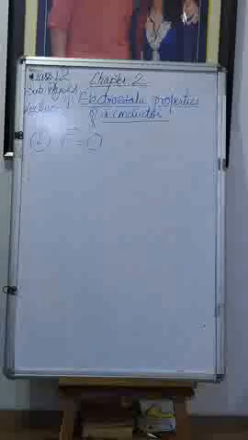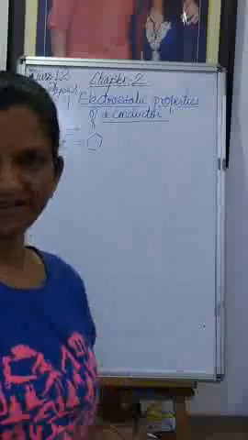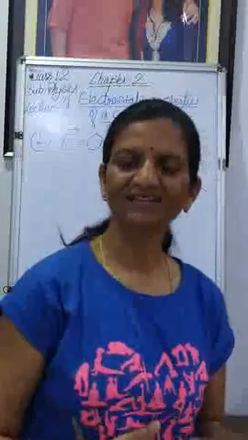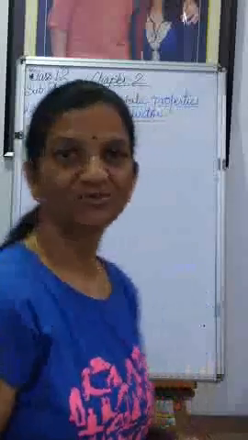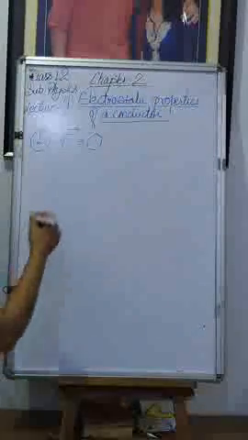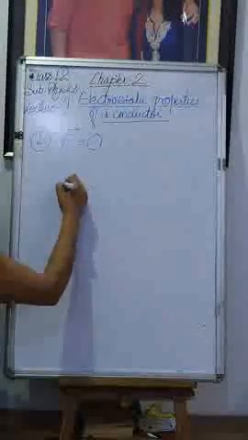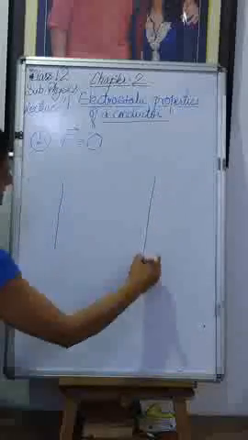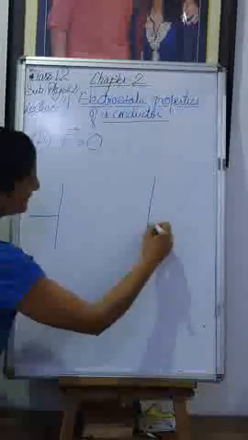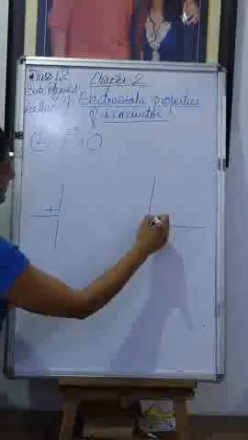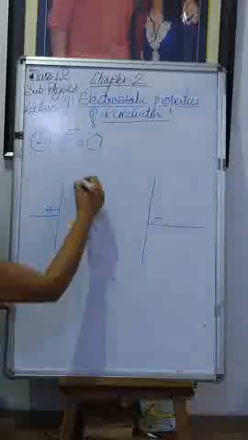It means that for a conductor placed in that external electric field, inside that conductor the electric field must be 0. That can be explained by taking an external electric field, positive, negative.